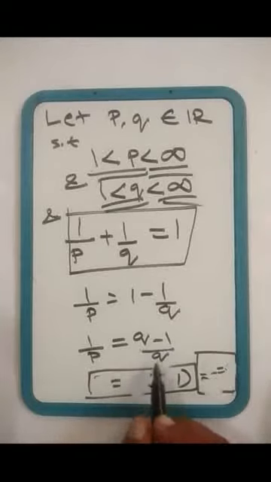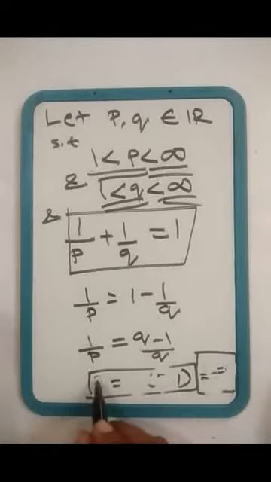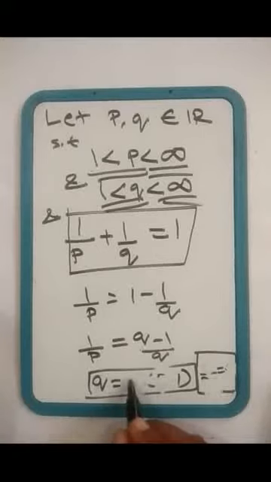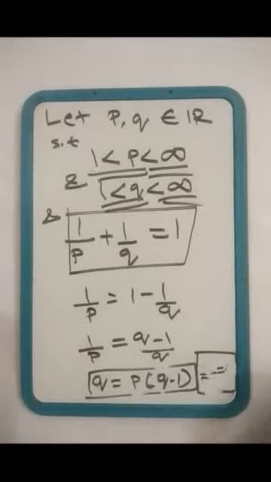So what do we have here? Q is equal to P times Q minus 1.